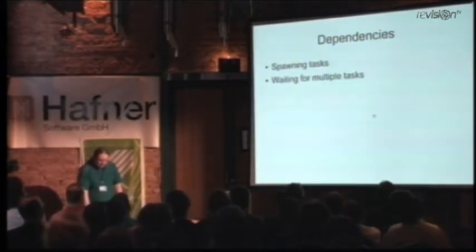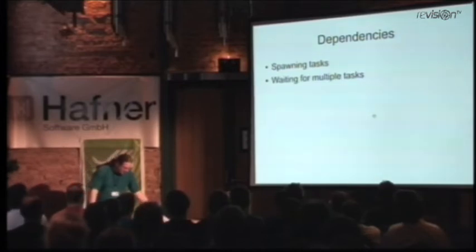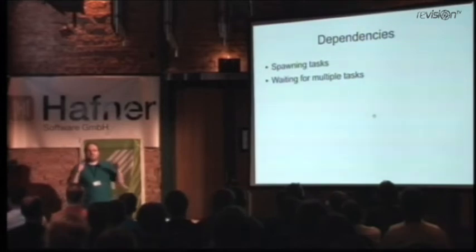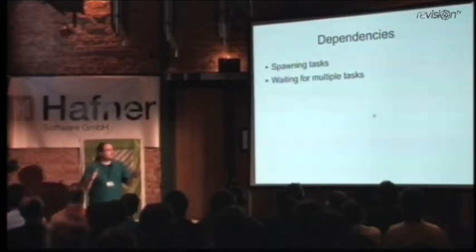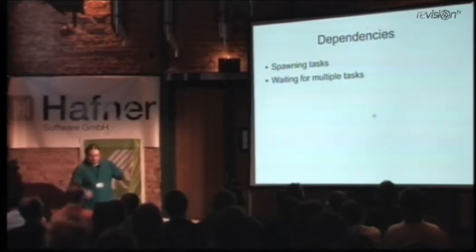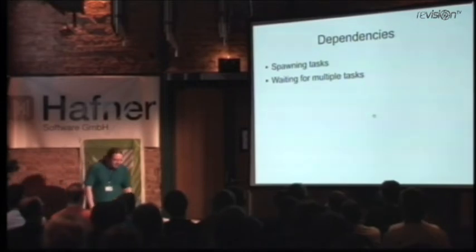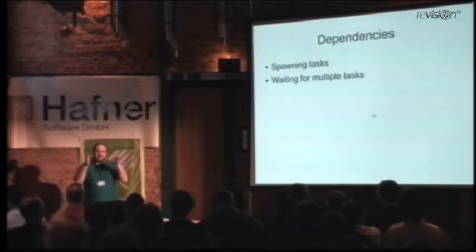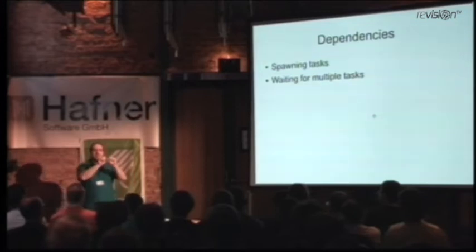So finally, we have a system that is really powerful. We can express any dependency there is. And still, that was a much too simple example. When I rendered the Mandelbrot set, each task knew exactly where it should write its data.